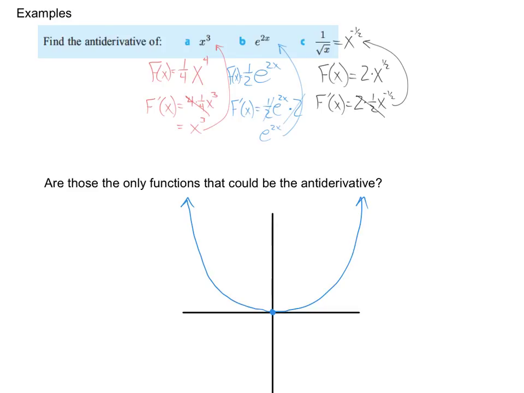So anyways, the idea is this. This is 1/4 x to the 4th. However, we could also have 1/4 x to the 4th plus 3, or we could have another one down here at minus 2.